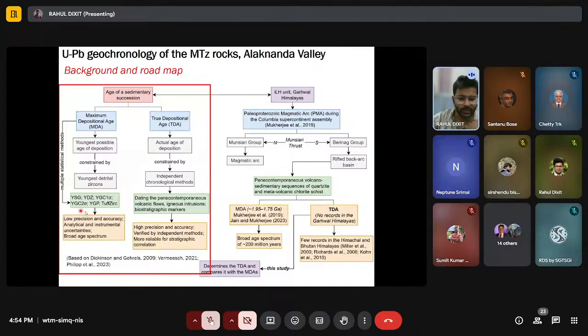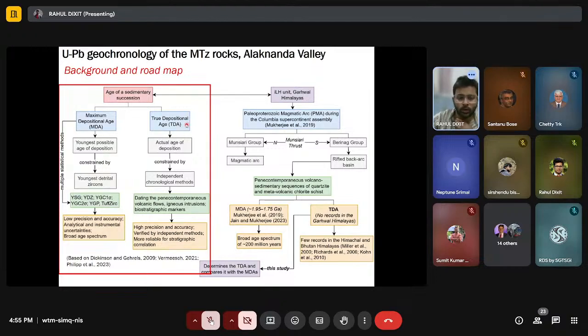These are some of the most commonly used methods to constrain the maximum depositional age of any sedimentary unit. But most of these methods have low precision and accuracy because of analytical and instrumental uncertainties, and the age spectrum they give is very broad, so we do not get a unique age of deposition.